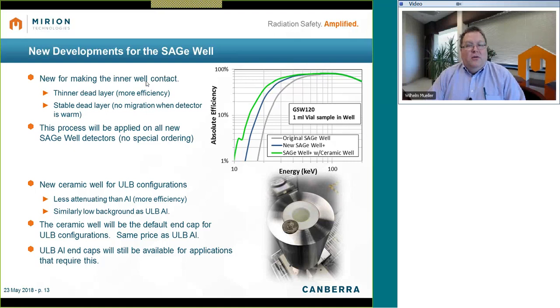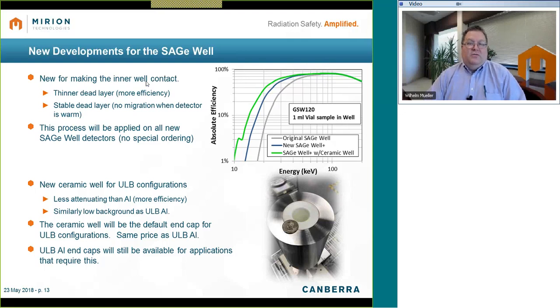So in the early technology of the SAGE well, we had a thin contact within there that gave a good efficiency response, good low energy efficiency response. However, it was a little bit thicker than what we're typically wanting to achieve, and it also was not stable with temperature.